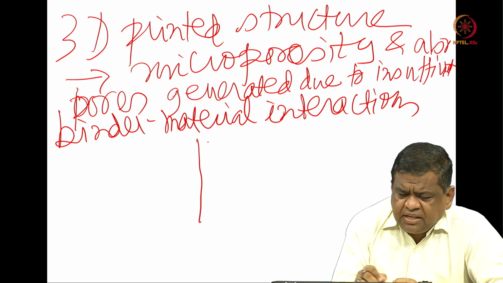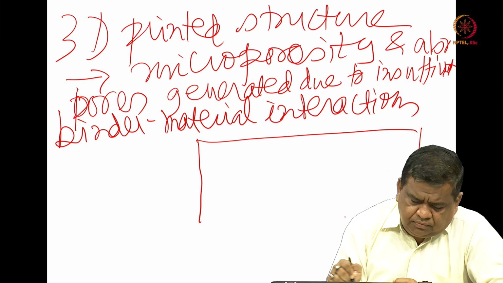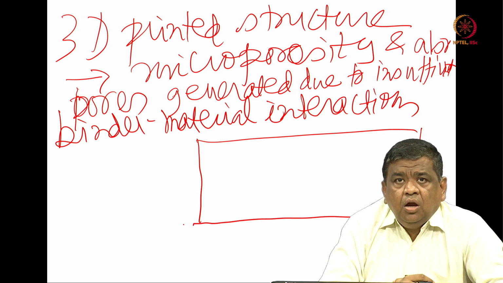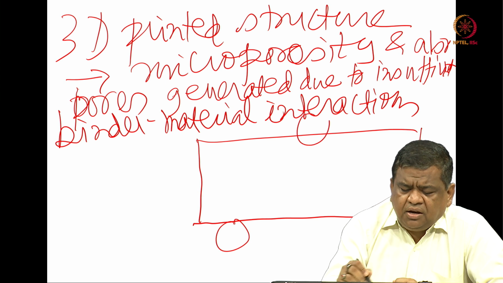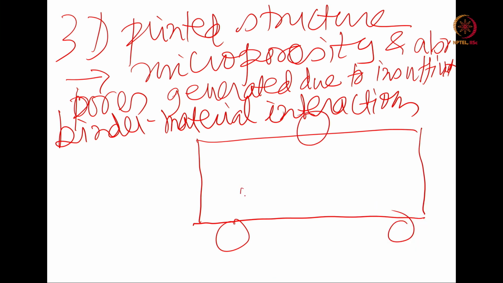Now, these pores are essentially, when you do this 3-point bend test, for example, or 4-point bend test, these pores are essentially distributed in the structure, right, in a random manner. So, larger the pores, more is the stress concentration, because it acts as a defect.